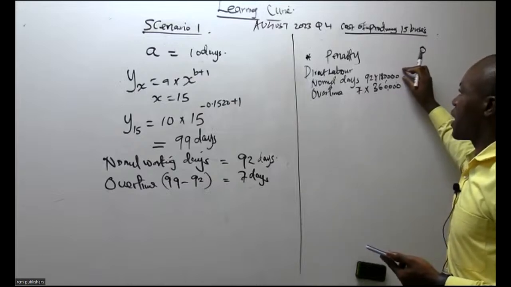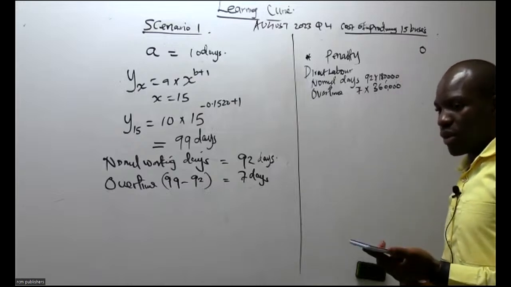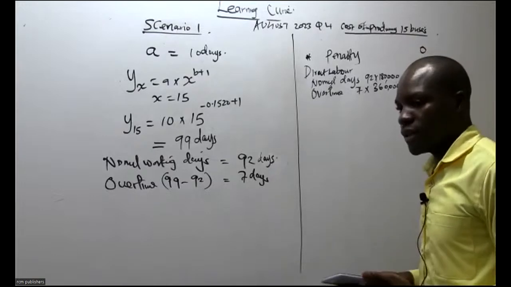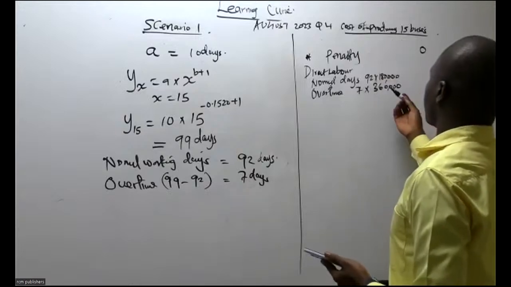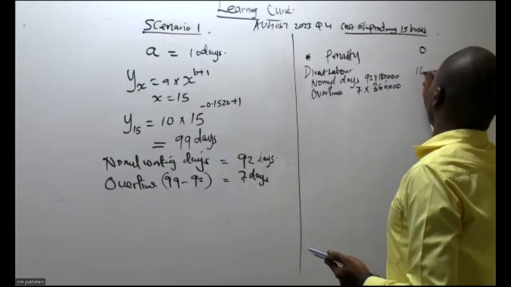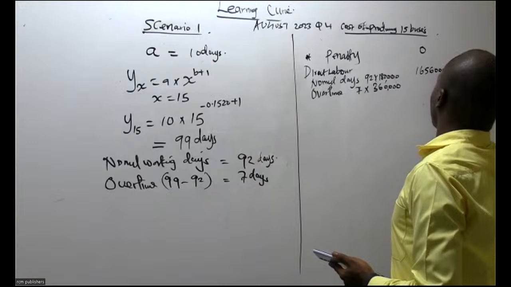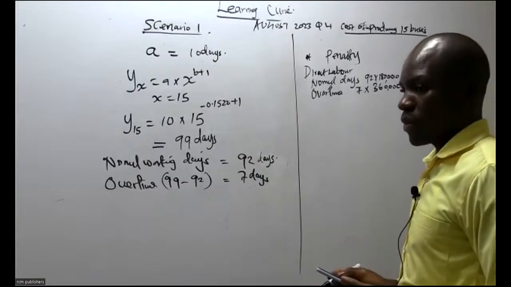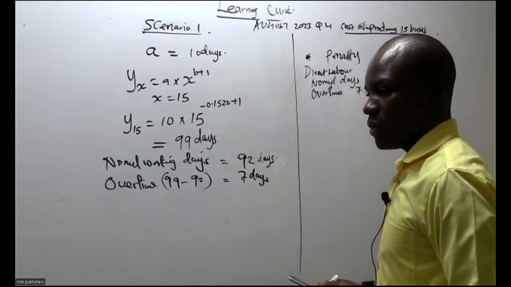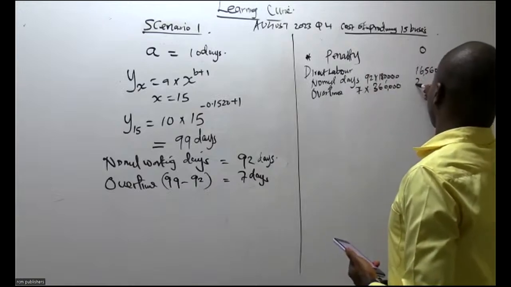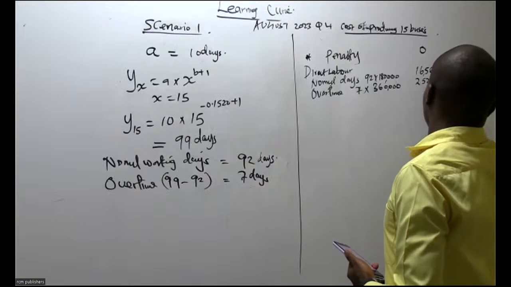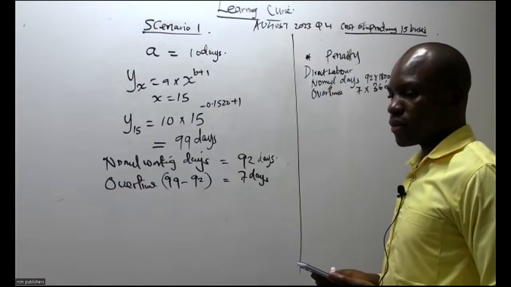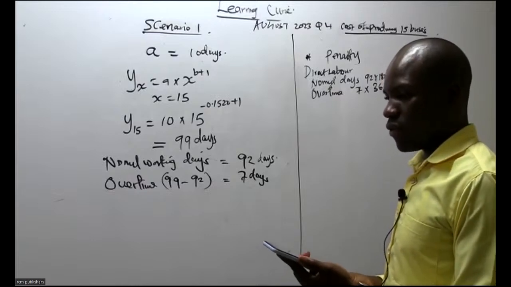Just start with the first one, 92 by 180. That is 16,560. How about the overtime? 2,520. Good. So I believe the rest are also getting that for the overtime.